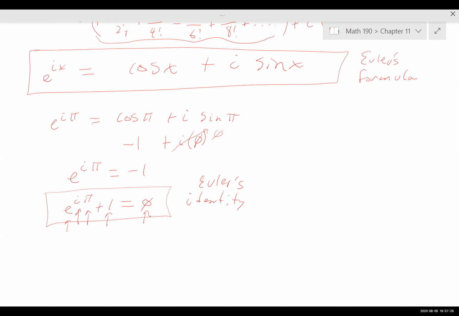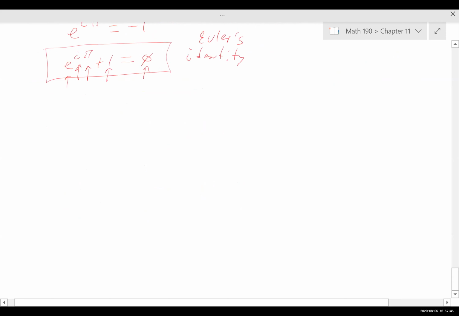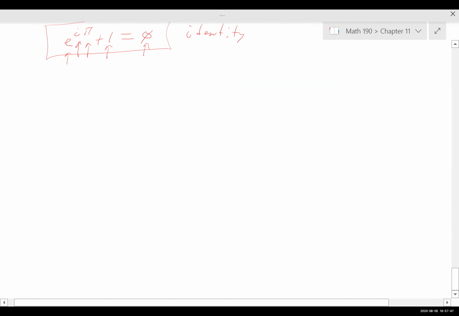That's just amazing. And in the universe, there was much rejoicing. Euler's identity. Nice.